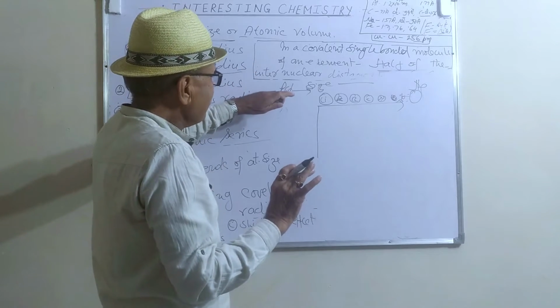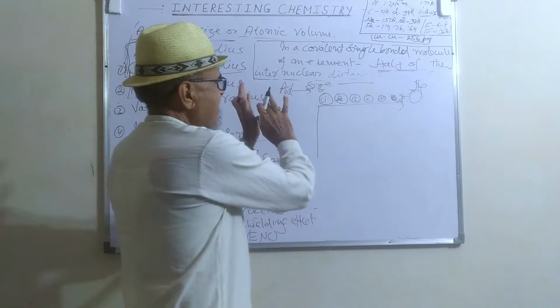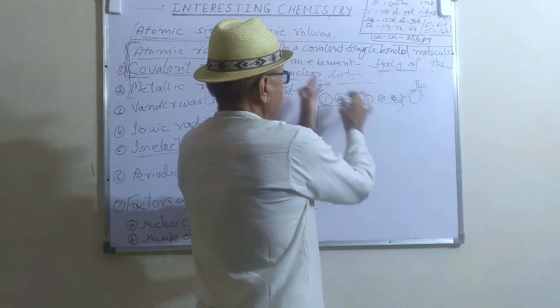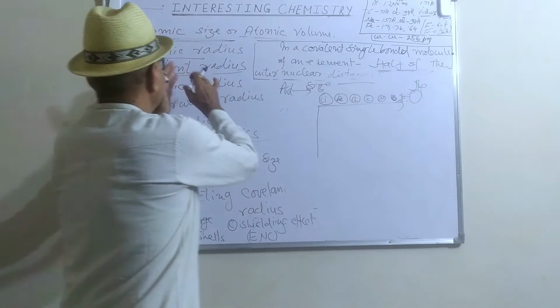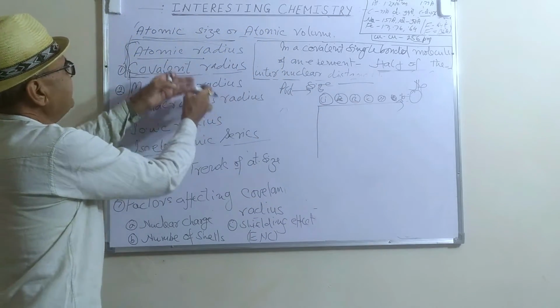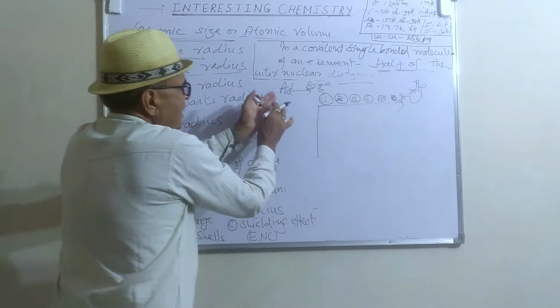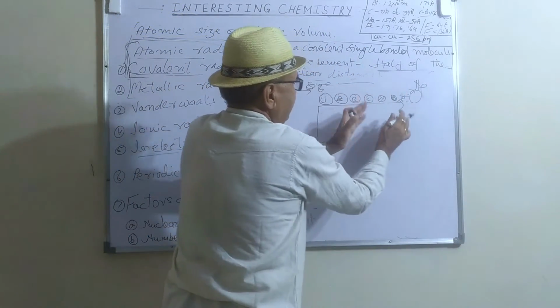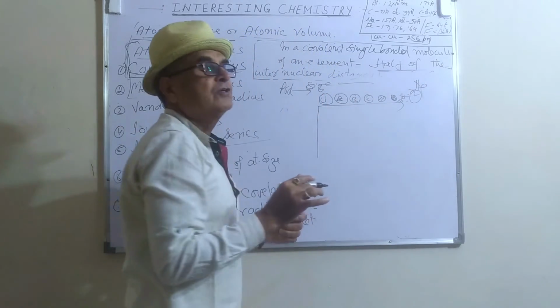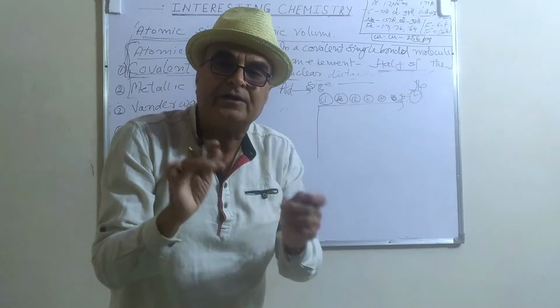So when we move from left to right in the periodic table, the size of the atom, the covalent radii, the volume of the atom will decrease, and finally comes the size of the inert gases.